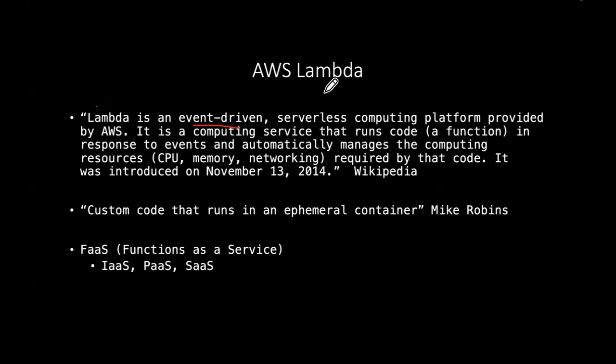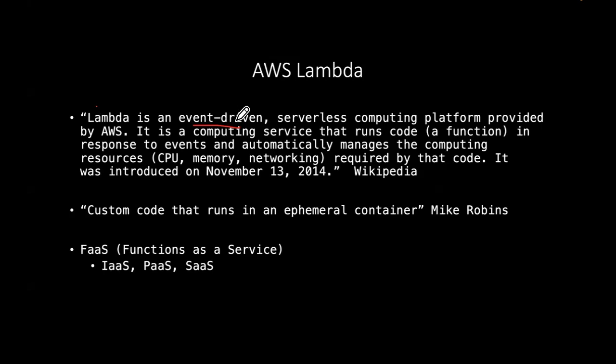We talk about the Lambda service and a Lambda function. The Lambda function is the piece of code that we write, the functionality that we write, and it's implemented as a function. The Lambda service manages the execution of our Lambda functions. So it's event-driven anyway. That's the way we trigger the execution of our Lambda function.